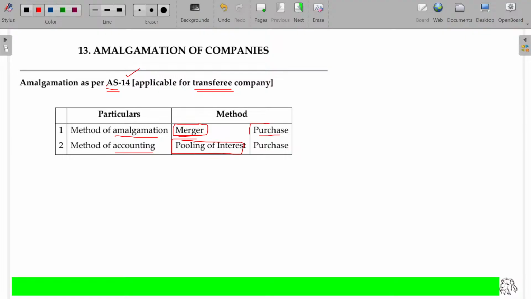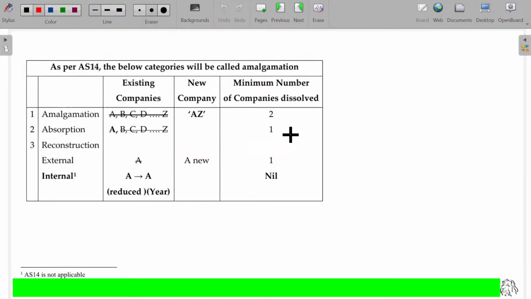In case the amalgamation is a purchase, the method of accounting is the purchase method that we referred to in the very beginning class. All these models fall under AS 14, where any number of existing companies merge into a newly formed company, where all the companies are closed. This was earlier called amalgamation.